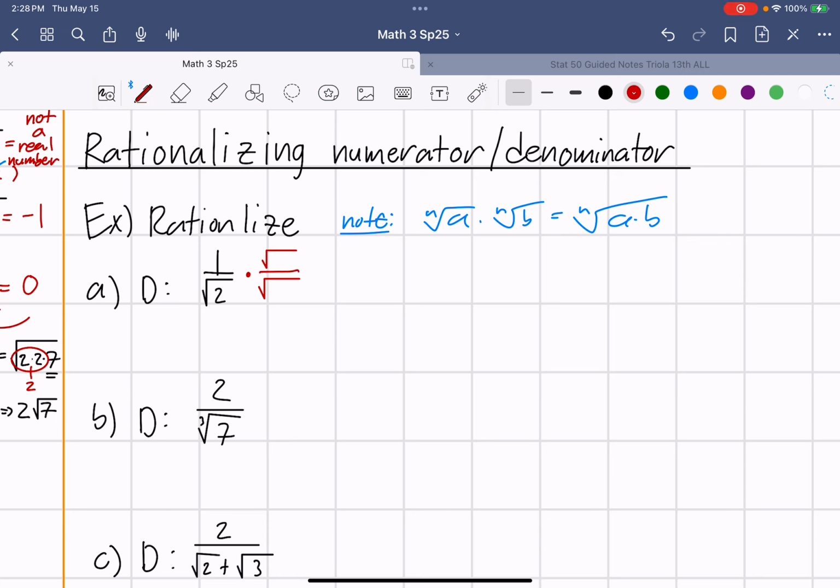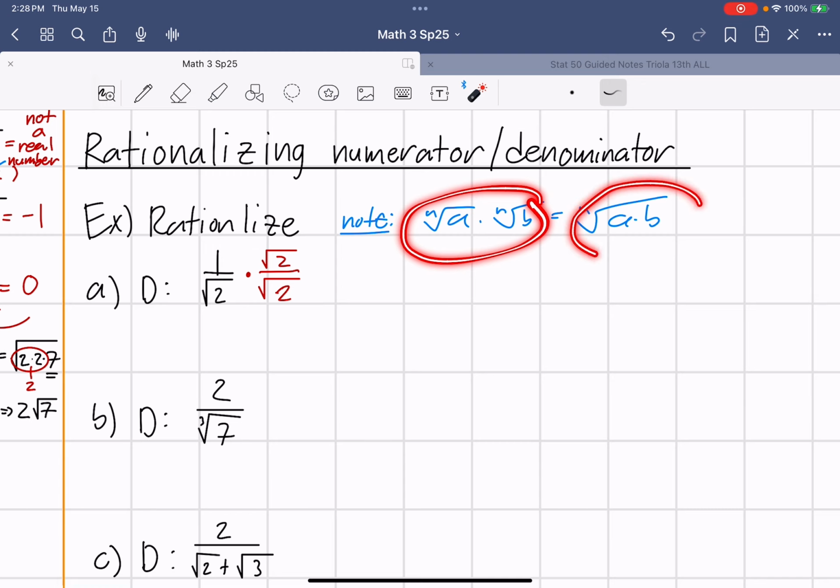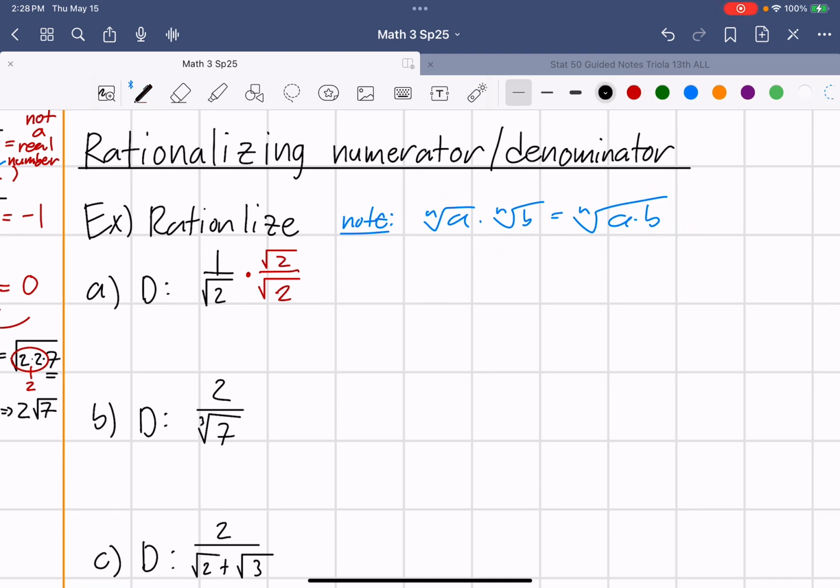And I said I would need one more additional 2, so I'm just going to add an additional 2, because once I combine them into one radical, I'm going to have square root of 2 over square root of 2 times 2. And here the square root has an index of 2. I'm looking for groups of 2, not the number 2, just 2 factors. So that will simplify to square root of 2 over 2.